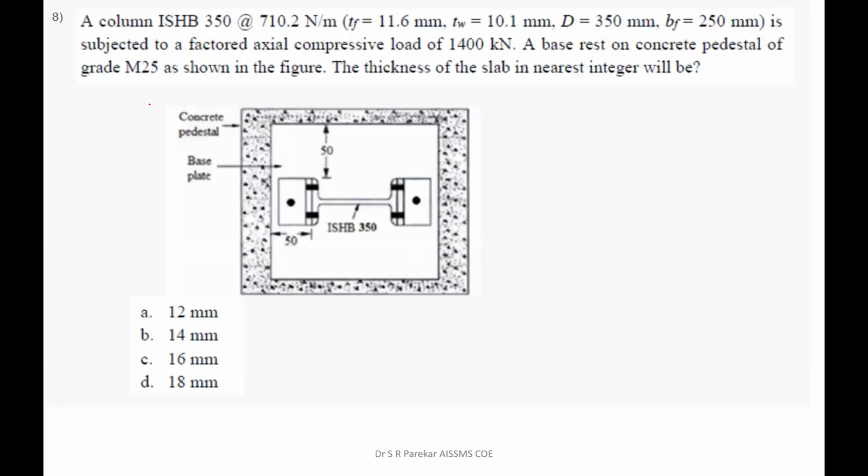Then we have this question. Now in this we have to find the thickness of the gusset plate. Now you can see we have an ISHB 350 on both sides. So this will be 450, and this will be given BF, and 100 on both sides, so this will be 350. I will mention it outside: this will be 350, and then we have this as 450.